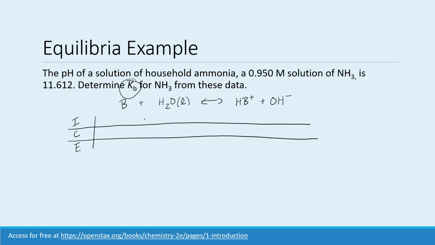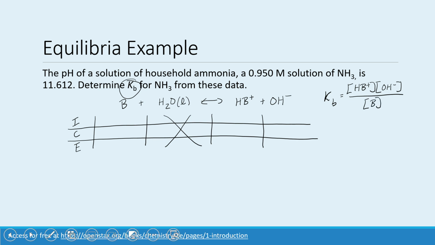Right, so we get to mark out X through the water column. And we'll also need that Kb expression, knowing that Kb is equal to our products, HB plus, which is the conjugate weak acid, times the hydroxide ion concentration divided by the weak base concentration.